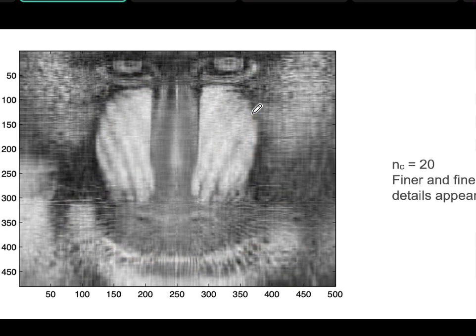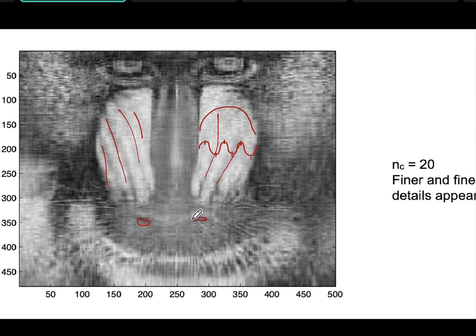So smaller scale features become visible, and now you see now new features become visible, like those lines that were not visible before because you have a higher frequency. Simply, if you have a very coarse frequency, you're going to be able to see this. And if you have higher frequency, you're going to be able to see this. And so higher order modes allow you to see a peak in black, another valley, so it's white, peak, black, white, black, white, and so on, which allows you to see things like the nostrils and so on.